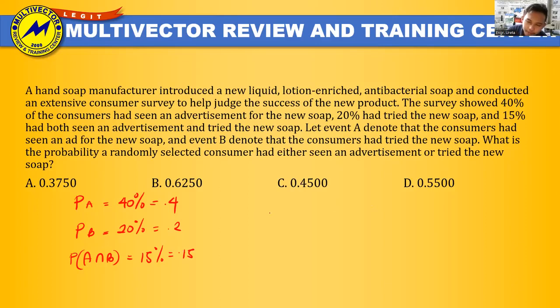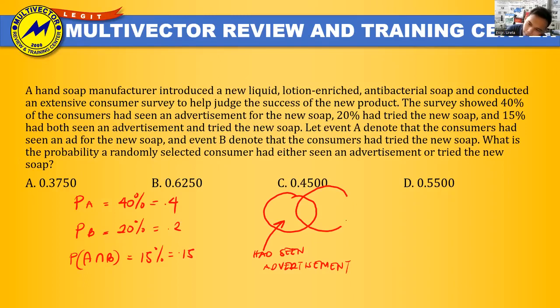So probability, okay, sige, drawing na lang natin siya as a Venn diagram, no? So ito yung mga tao na nakakita ng advertisement. Had seen the advertisement. Okay, then naman ito naman yung mga tao na gumamit ng soap na possible din na nakita nila yung advertisement, no?